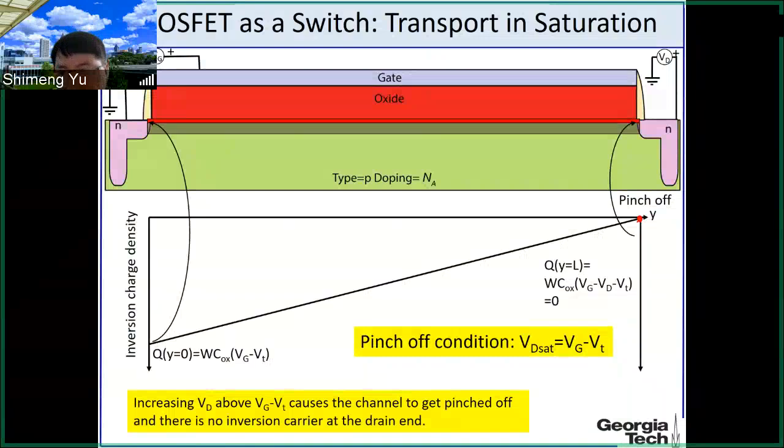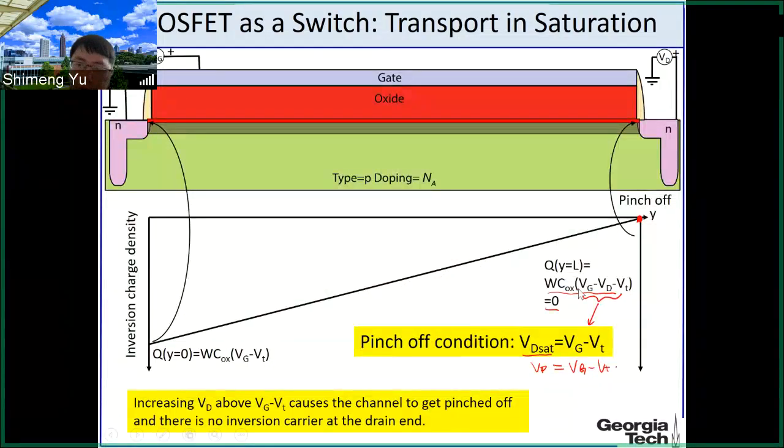We call this the pinch-off condition, when the charge density at the drain side equals 0. So this term equals 0, and then eventually this voltage term equals 0. You can rearrange that: the drain voltage equals Vg minus Vt.